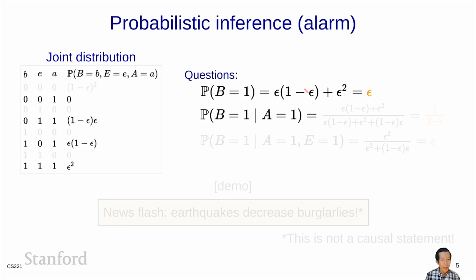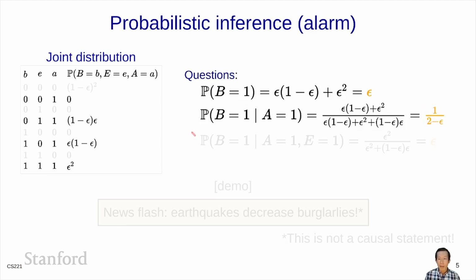Now I add epsilon times 1 minus epsilon plus epsilon squared, and I'm going to divide by the sum of all these three things, which is the same as the numerator plus this additional 1 minus epsilon times epsilon. If you do the math here, you get 1 over 2 minus epsilon. Intuitively this makes sense. The prior probability of a burglary is small, but if I hear the alarm, then this goes up to actually a little bit over 50%.